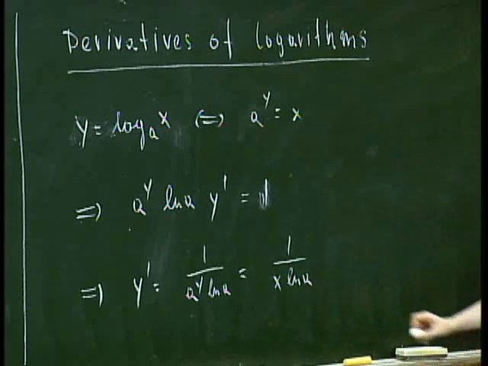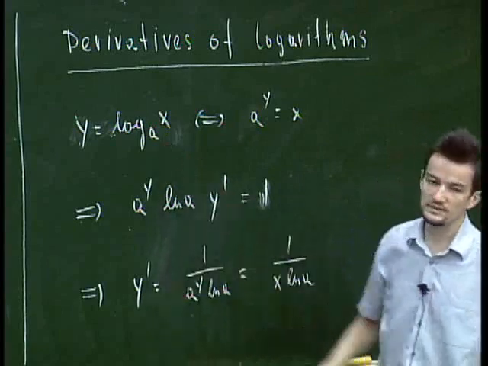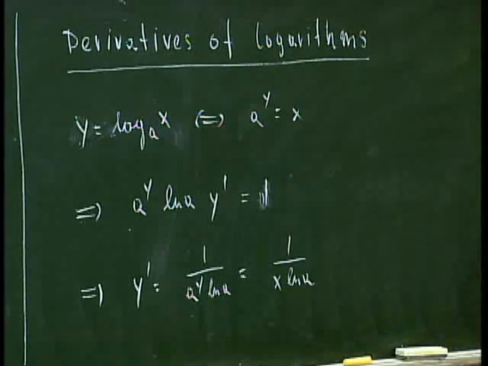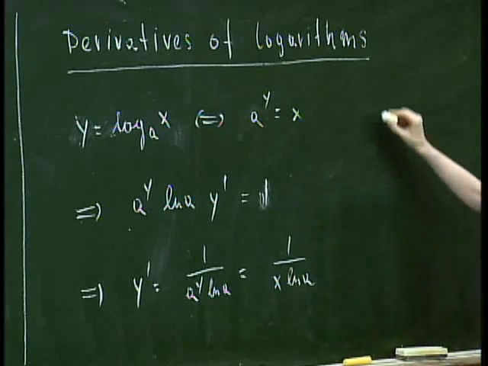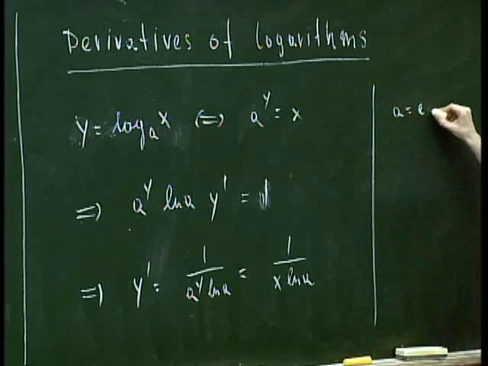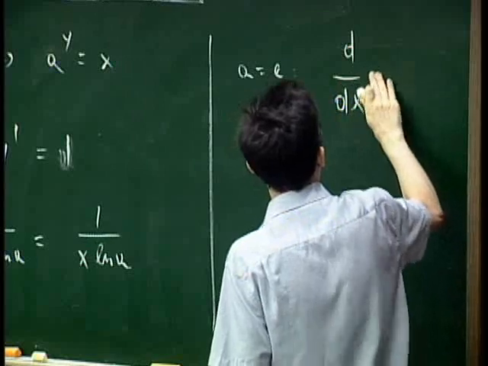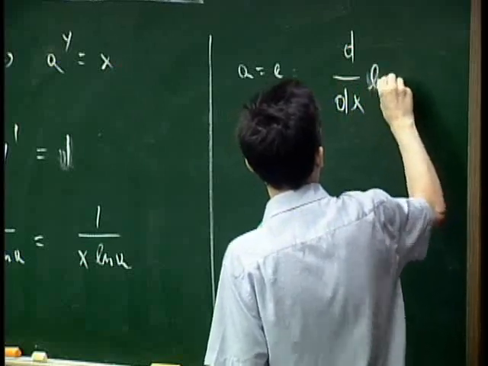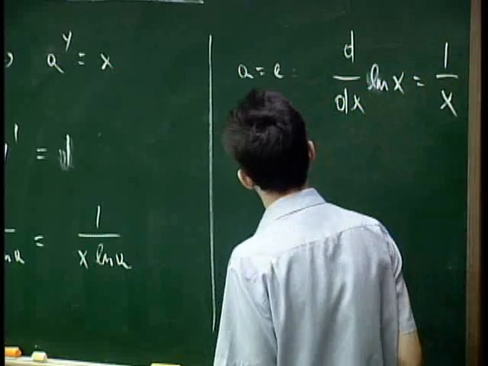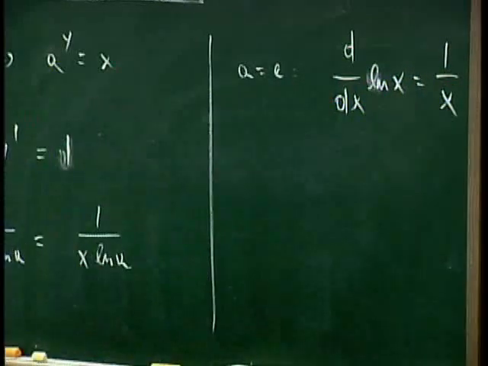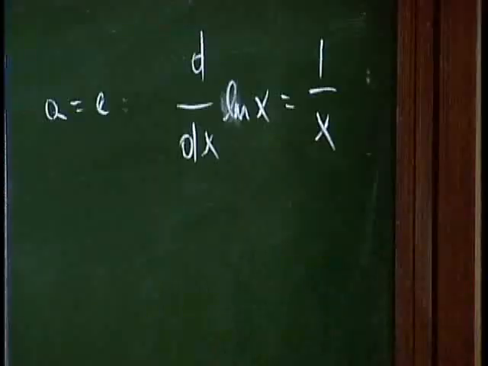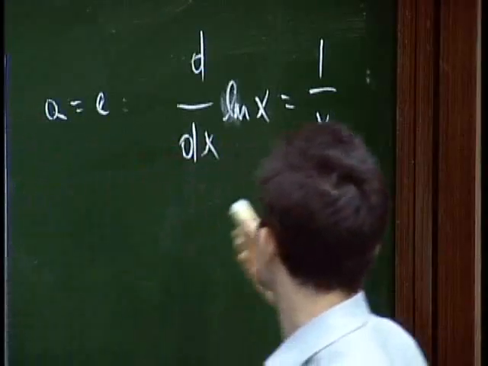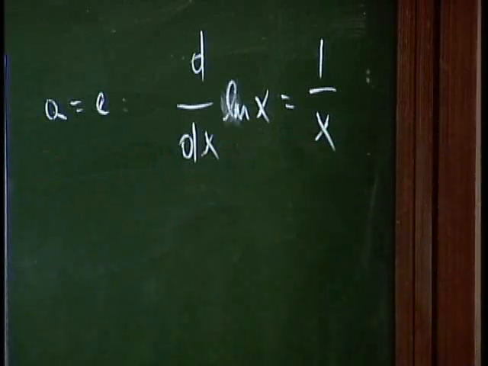So you see there is only one case where the derivative of the logarithmic function is particularly simple, namely if a is equal to the natural number e. Only in this case we get that the derivative of ln x is equal to 1 over x. So this is another reason why we choose this number e as the basis of our logarithm, because in this case the derivative gets particularly simple.